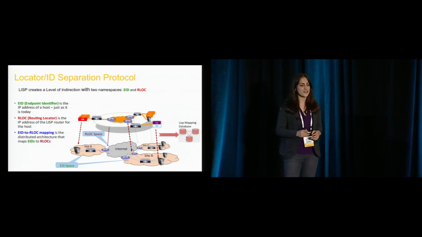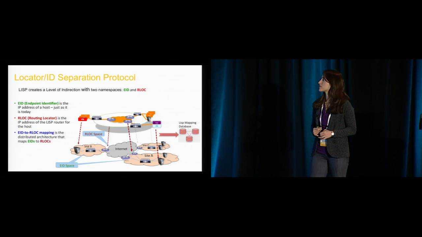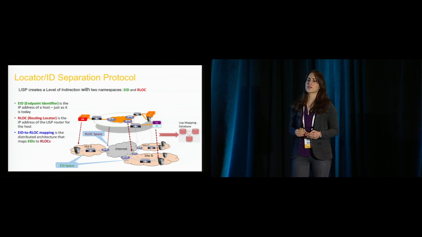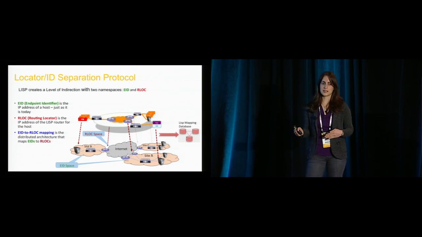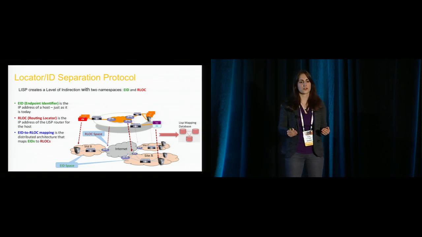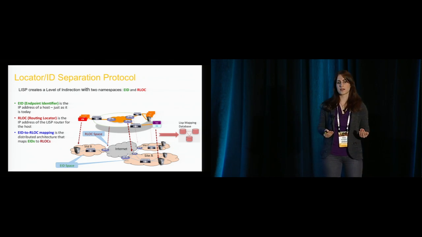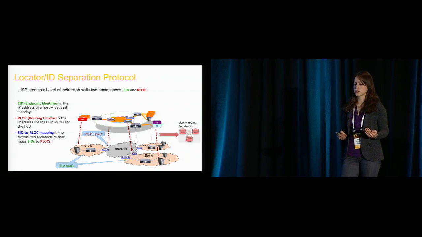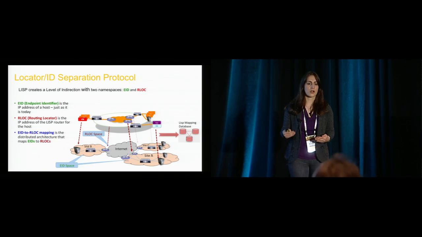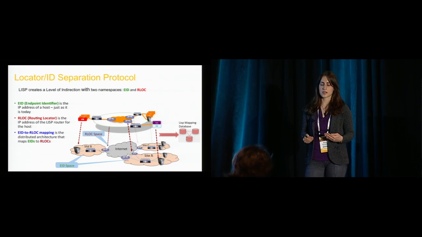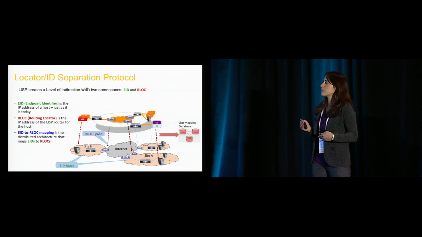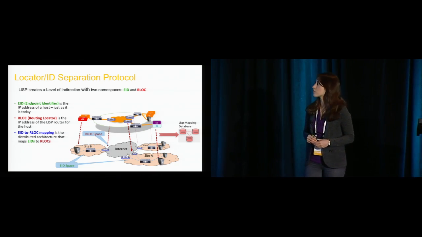As is clear from the name, Locator ID Separation Protocol, the Lisp protocol tries to provide a separation between host identity and host location. It does that by creating two different namespaces: the endpoint identity namespace, or EID, which represents the identity of the hosts, and the routing locator, or RLOC, namespace, which represents the address by which you can reach the host, or basically what you can route your packets based on.